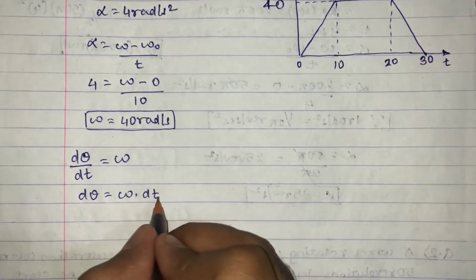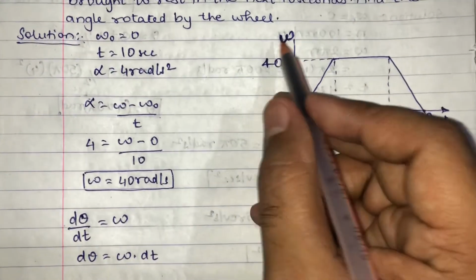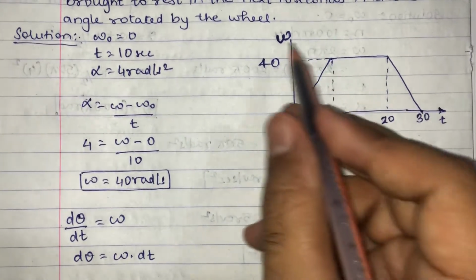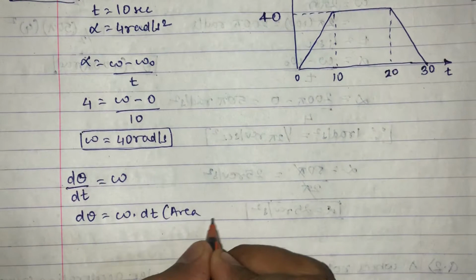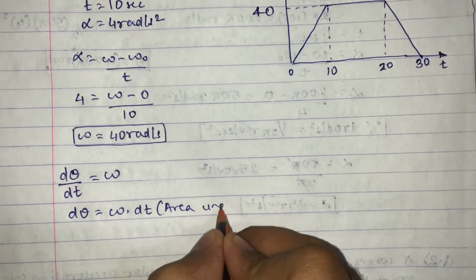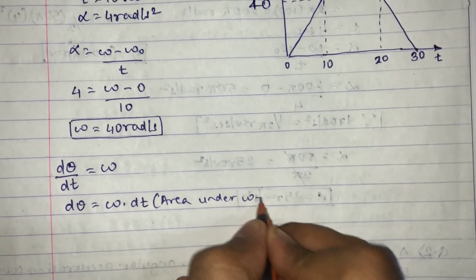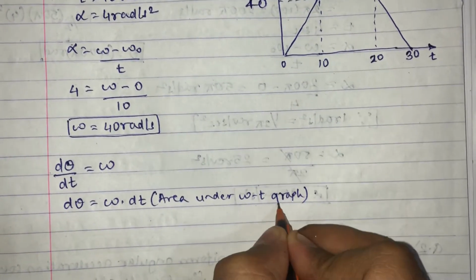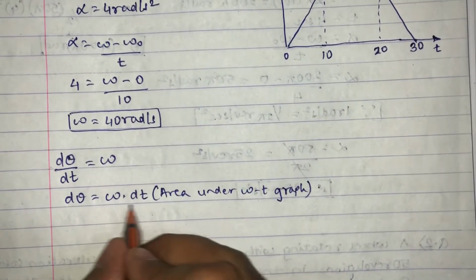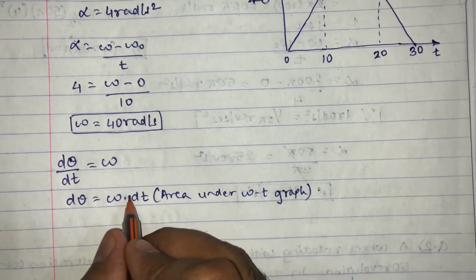Now omega into dt is actually the area under the omega-t graph.